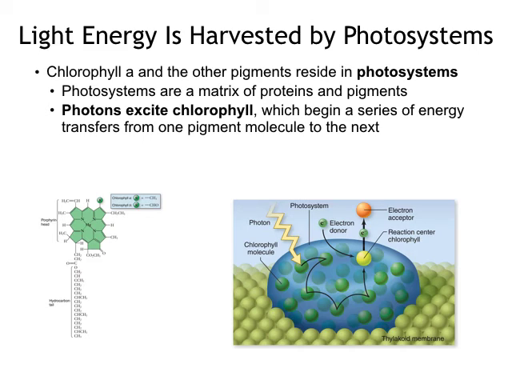And this isn't really understood, how this energy is transferred. So again, there's still a lot to learn in biology, but we have learned a lot. So we do know that the photons hit the chlorophyll molecules, they excite each other. So that's why you see a little black line jumping from chlorophyll to chlorophyll, even carotenoid to carotenoid.